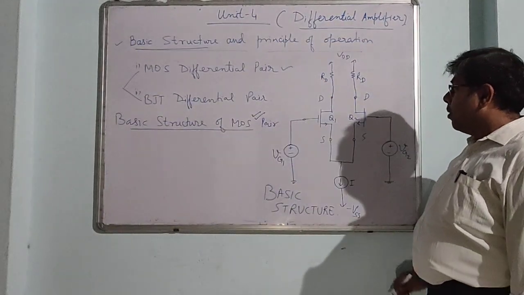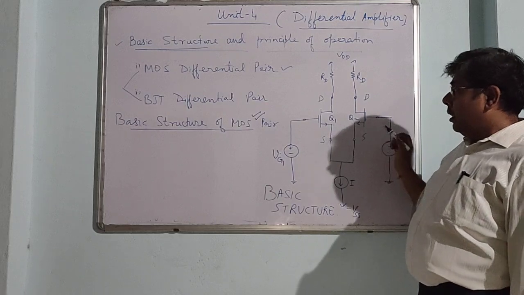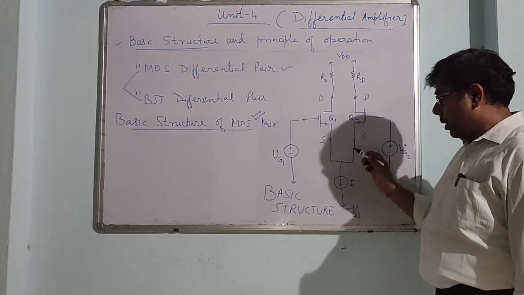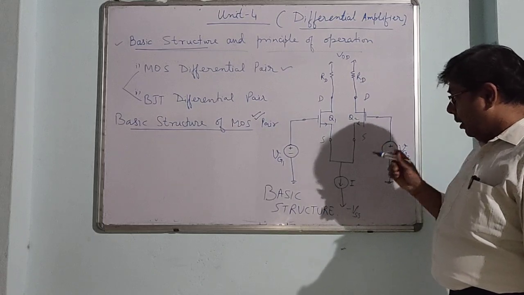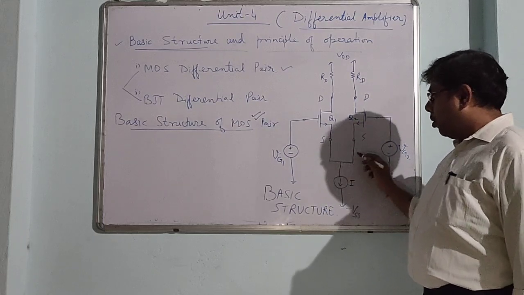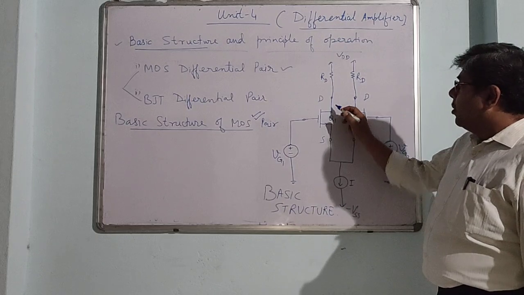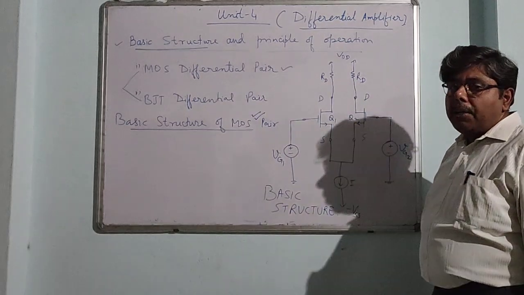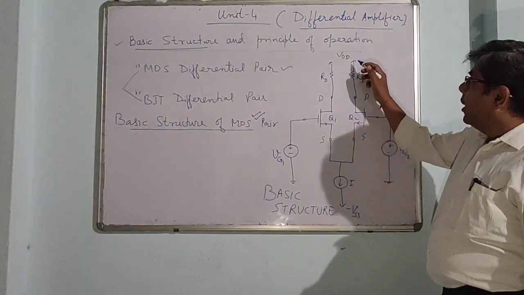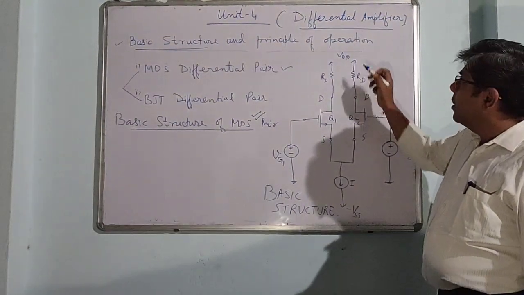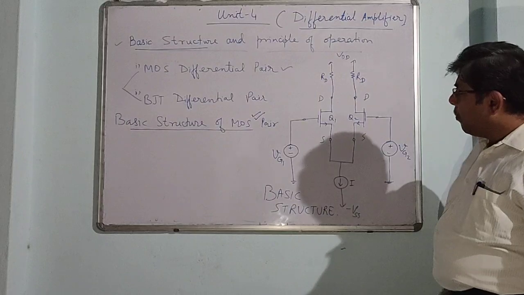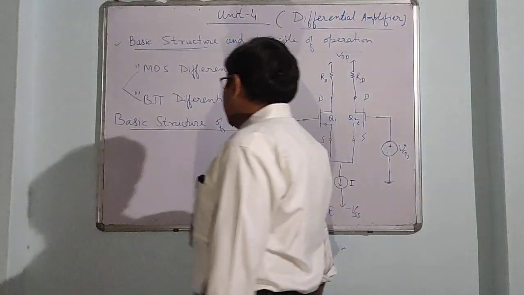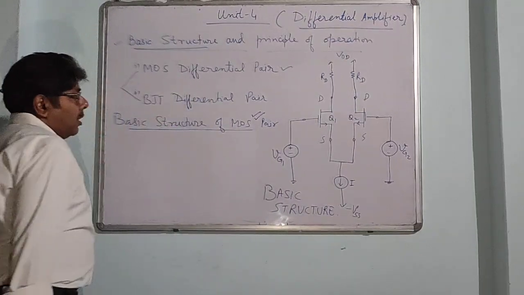In this differential pair, we use two similar MOSFETs, Q1 and Q2, connected with a common source, and through the drains we have two resistances, RD. VDD is the supply, and VG1 and VG2 are two gate voltages. So this is the basic structure.